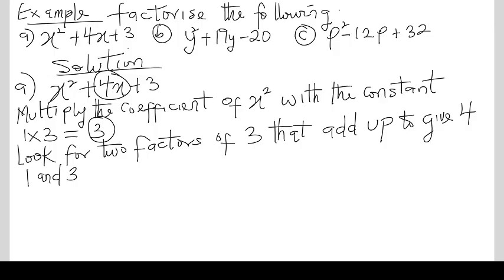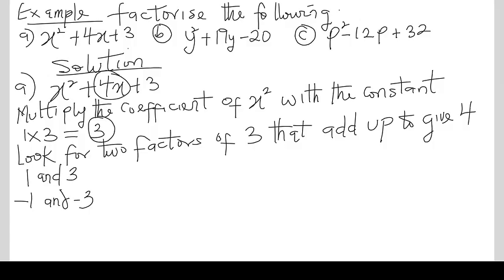And that's not the only factors of 3, so we have to look into the signs also. Another factor is -1 and -3. -1 times -3 will also give me +3. So we are not going to be looking at only the positive signs.